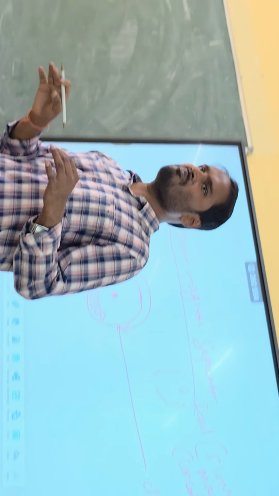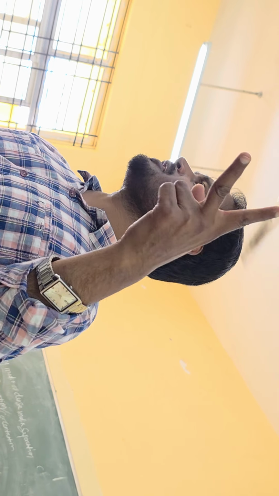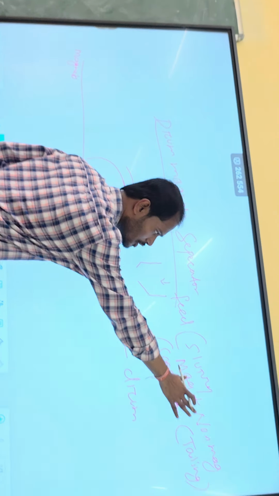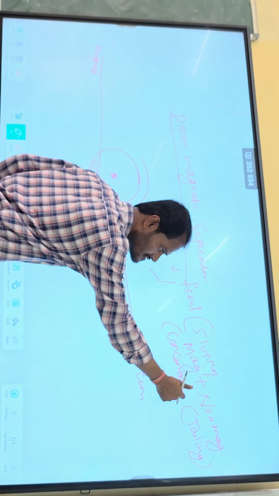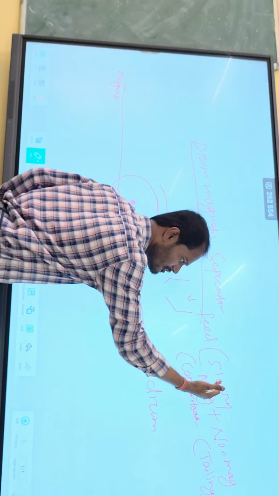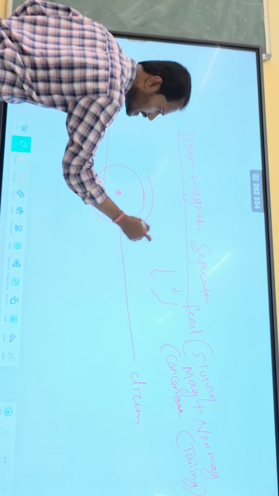You have to always remember, whenever you are doing concentration, because concentration is the last stage of mineral processing, you will end up with two products. One is concentrate, one is tailings. So it is better to represent concentrate and tailings, not gangue. Always. Is it fine? You are feeding magnetic plus non-magnetic mineral together, or concentrate plus tailings, or you can say valuable mineral and non-valuable minerals, right?